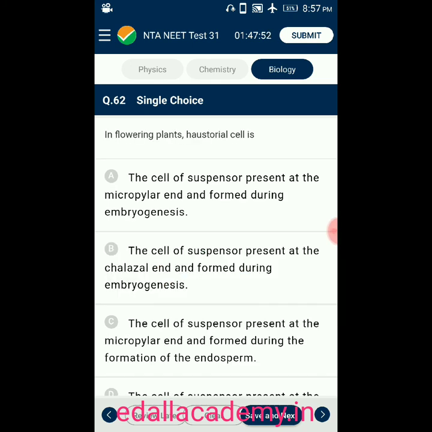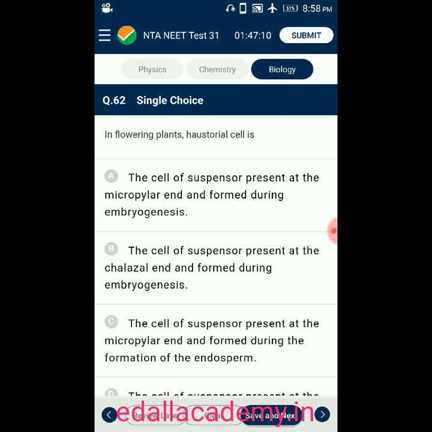Question number 62. In flowering plants, haustorial cell is the cell of suspensor present at the micropylar end and formed during embryogenesis. The zygote of an angiospermic embryo divides first to form two cells. One towards the micropyle is called basal cell and the other towards the chalazal end is called embryonal cell. The basal cell divides by transverse divisions to form a 6 to 10 celled long filament like structure called suspensor.